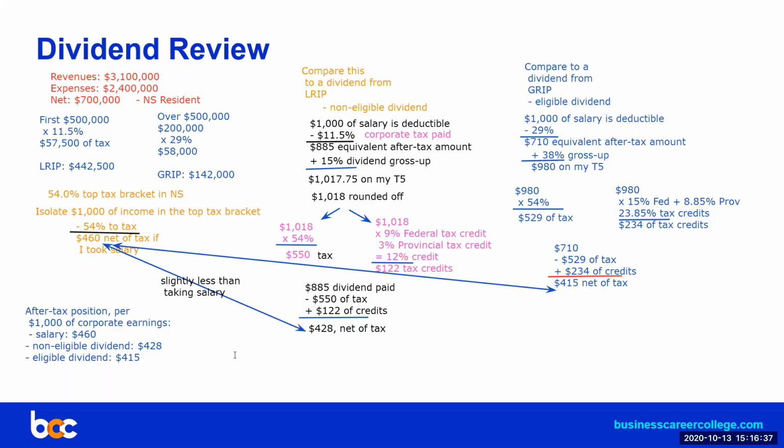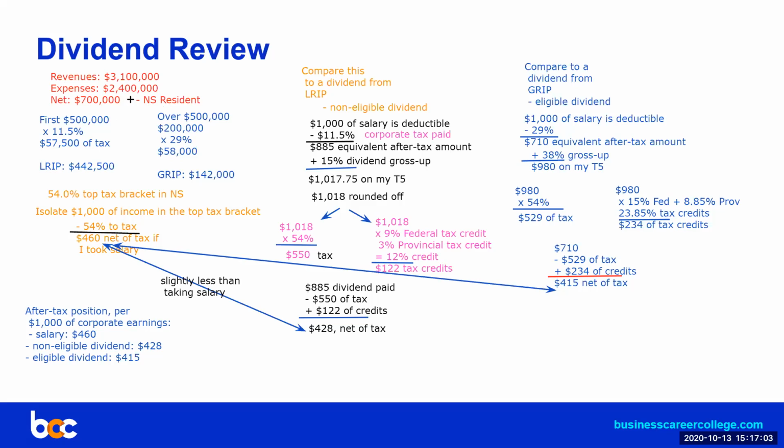Is that a true story? I'm kind of confused by that though. Like, so scenario one, you're not incorporated, you get $1,000 of income. No, I'm incorporated in this first scenario. So if I took $1,000 of salary, right? Looking over on the left side here, that's what you'd be at, 460 net after tax.